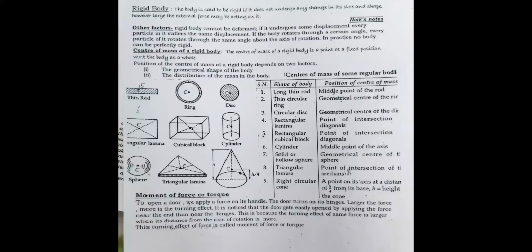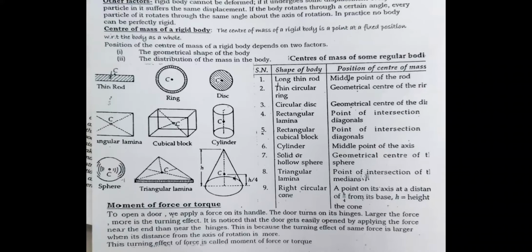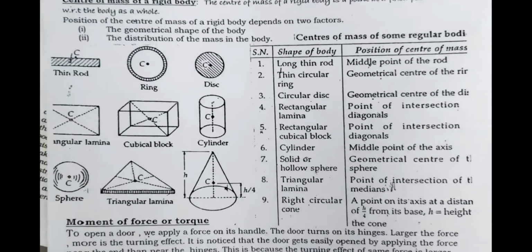So different objects have different centers of mass. Let me show you the slide. In general, the center of mass depends on two factors: one is the geometrical shape of the body, and the other is the distribution of mass in the body.